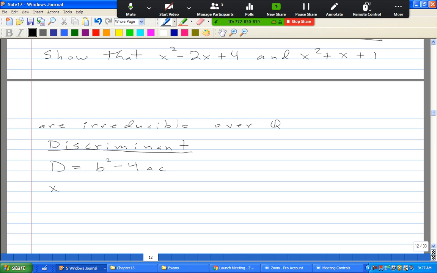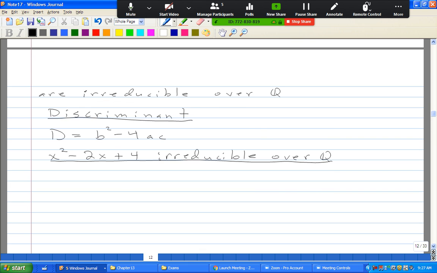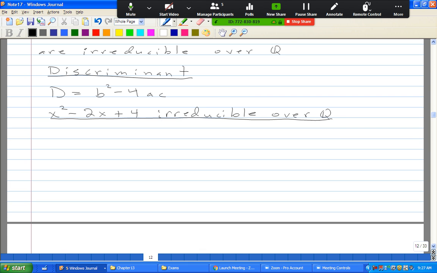So let's first look at x squared minus 2x plus 4, and I want to show that it's irreducible over the rationals. So let's look at its discriminant.